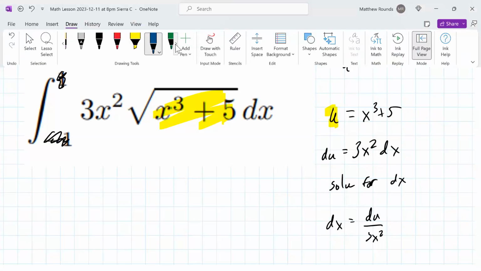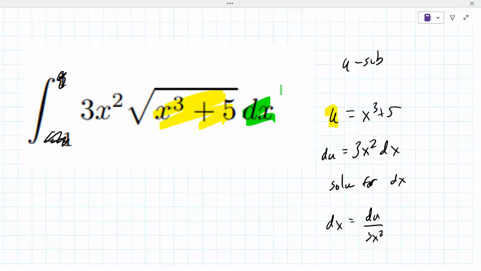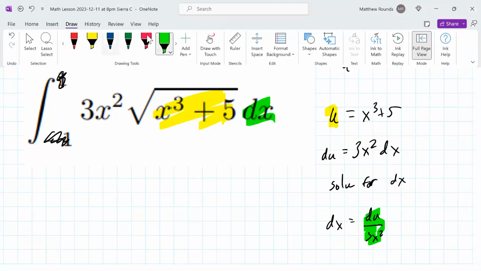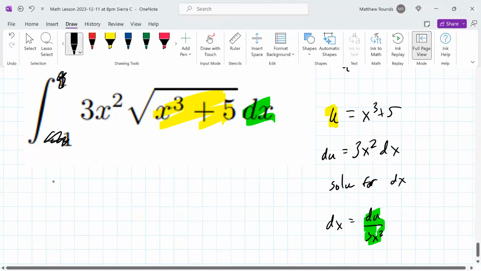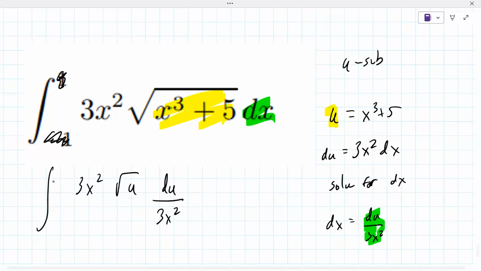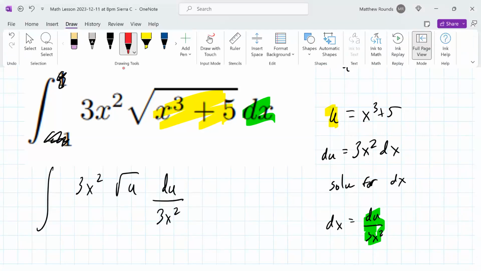And then you also substitute in for dx, which becomes all of that, du over 3x squared. And then hopefully you get rid of your x's.